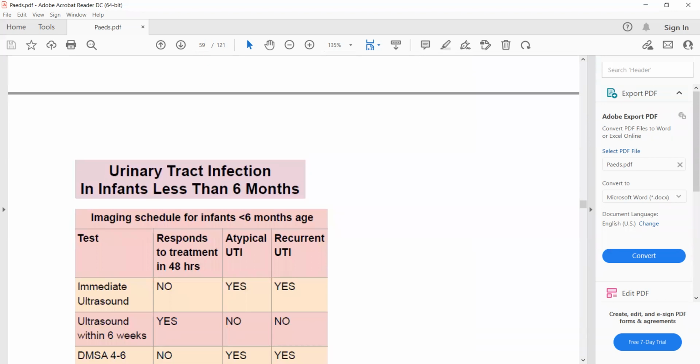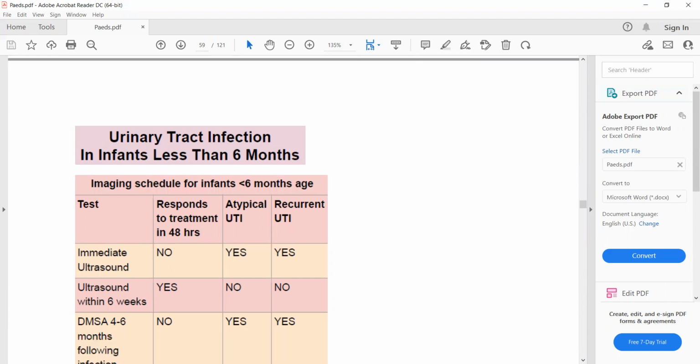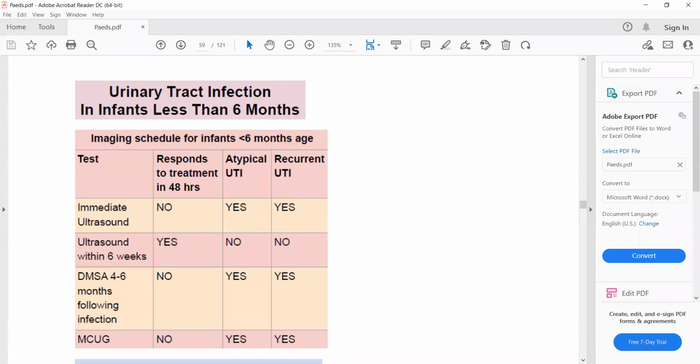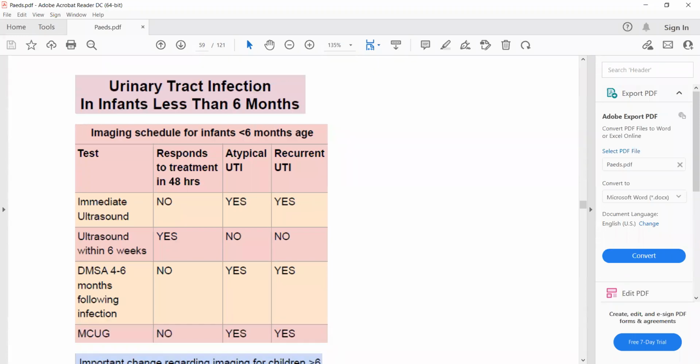Now, UTI is an important topic in pediatrics for PLAB 1. And the question that is usually asked in this topic is about the radiological schedule according to NICE guidelines in different age groups. So remember that there are 3 tests usually done in case of UTI in children.